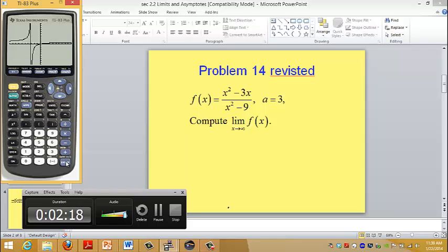Okay. And what we did last time was we talked about that this function, the limit does not exist at negative 3, but the limit did exist when a equaled 3. Well, now we're talking about something very different, and that is the limit as x goes to infinity.